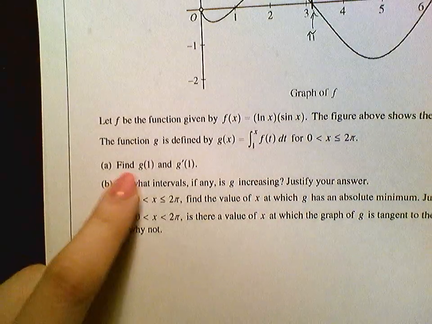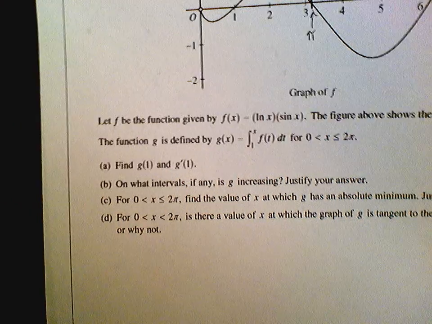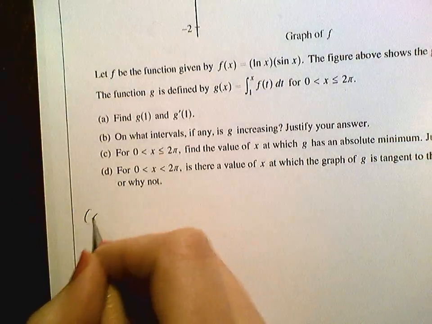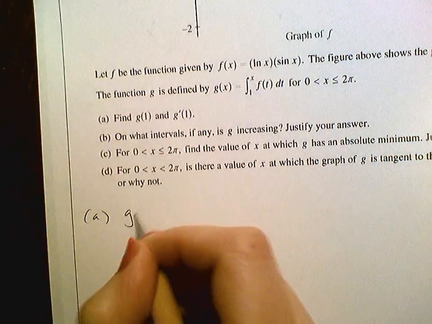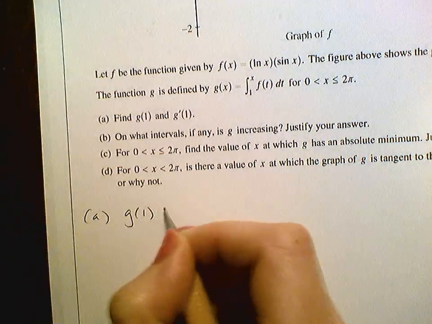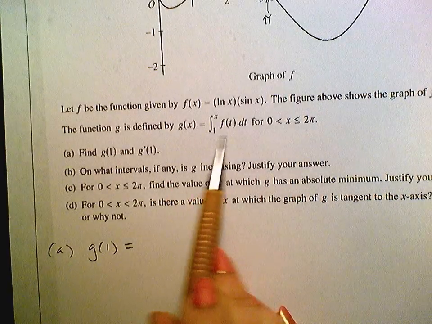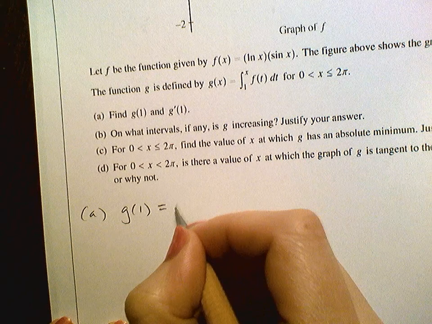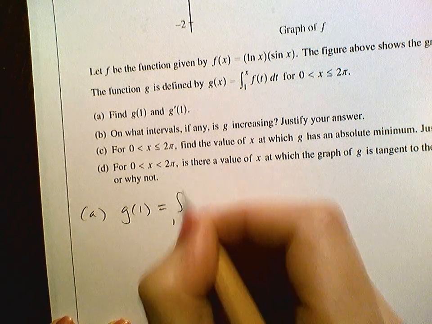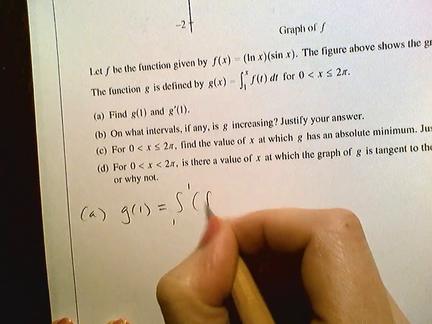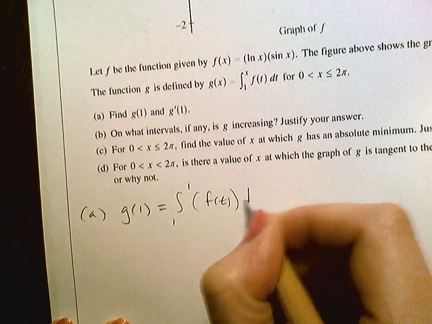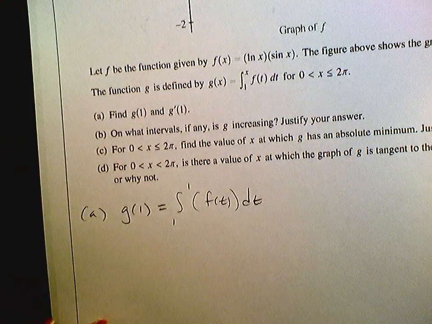So, all right, so first we're finding g of 1 and then g prime of 1. So this is for A. So let me first find g of 1. So this is the way that g works right here. So we've got the integral from 1 to 1 of f of t dt, all right?